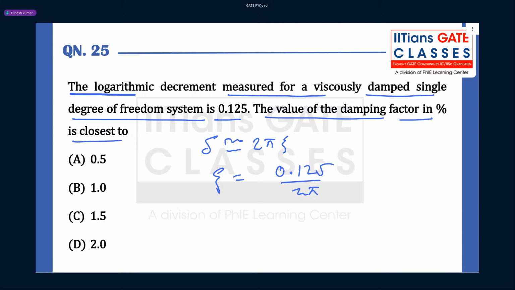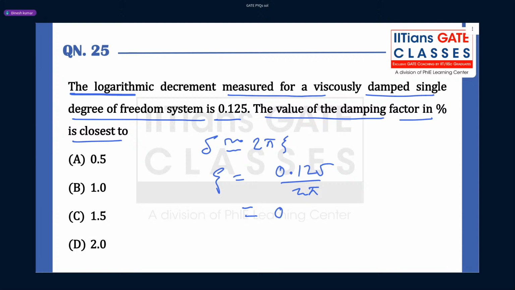Check it and tell me the answer, guys. So 0.125 by 2 pi is how much? First tell me zeta in decimal, how much is it?